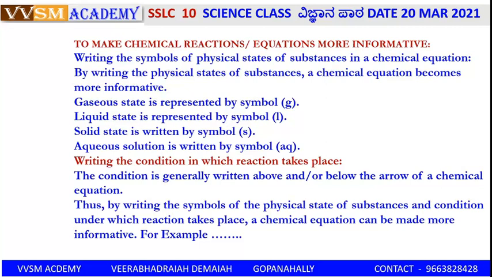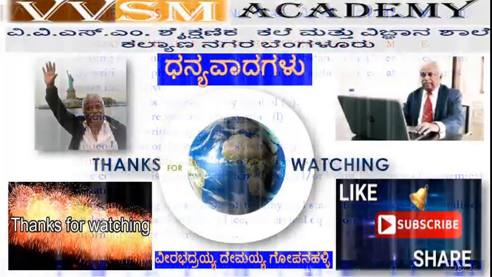Some of the chemicals are in gaseous state, some are in liquid state, some are in solid state, some of the solutions are in aqueous state. We have to mention all these things so that chemical equations are more informative. If you see any chemical reaction, it should give all the information about the things which are present in it, and how to balance the chemical equation.